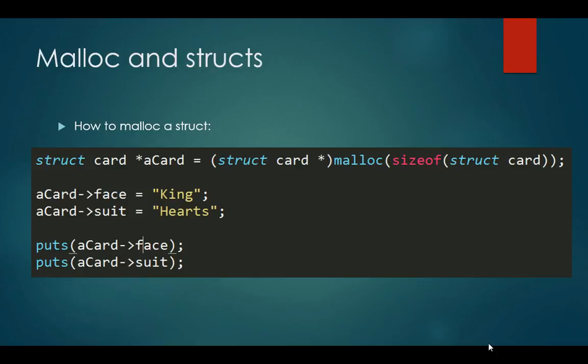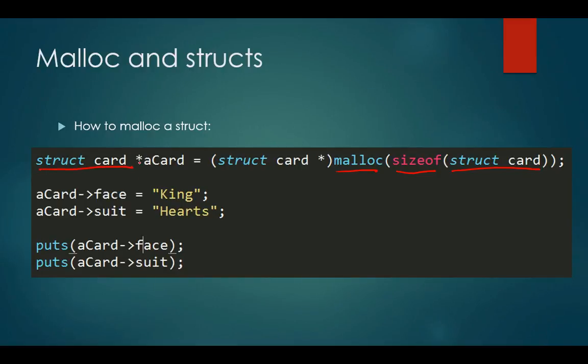Here's some example code. This won't be the same code that we look at, but it's just a way to look at a couple of different samples. Here you can see we have our Malloc call, and we have our Sizeof call. The argument we use for Sizeof is struct card. When we declare a structure type variable, we use struct card.